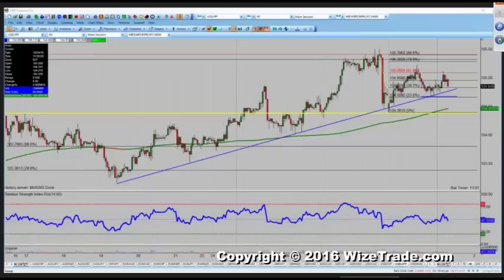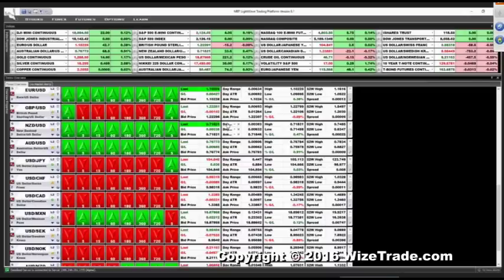Man, this euro dollar, Kiwi's new highs. Swissy new lows, euro new highs.